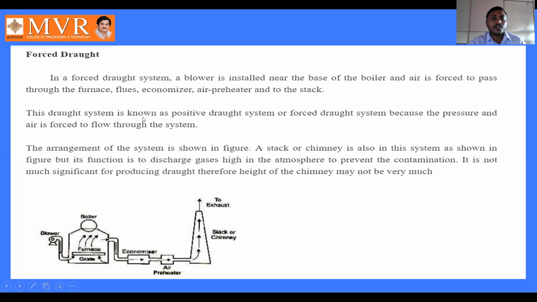This draft system is known as a positive draft system or forced draft system, because the pressure and air are forced to flow through the system. We name it forced because we are forcing the air by using the blower.